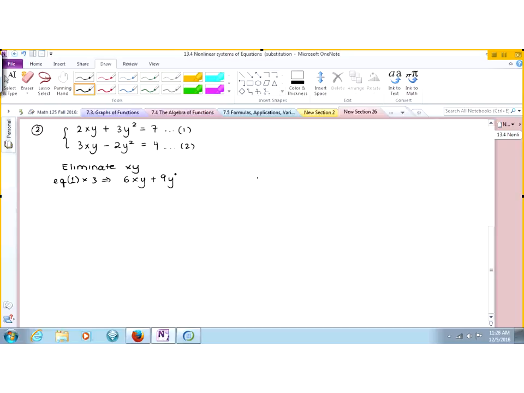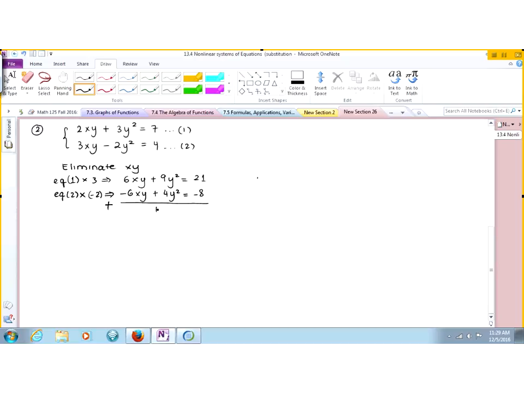Yes. So 6xy plus 9y squared is 21. Equation 2, we multiply by -2. So what? -6xy plus 4y squared is equal to -8.